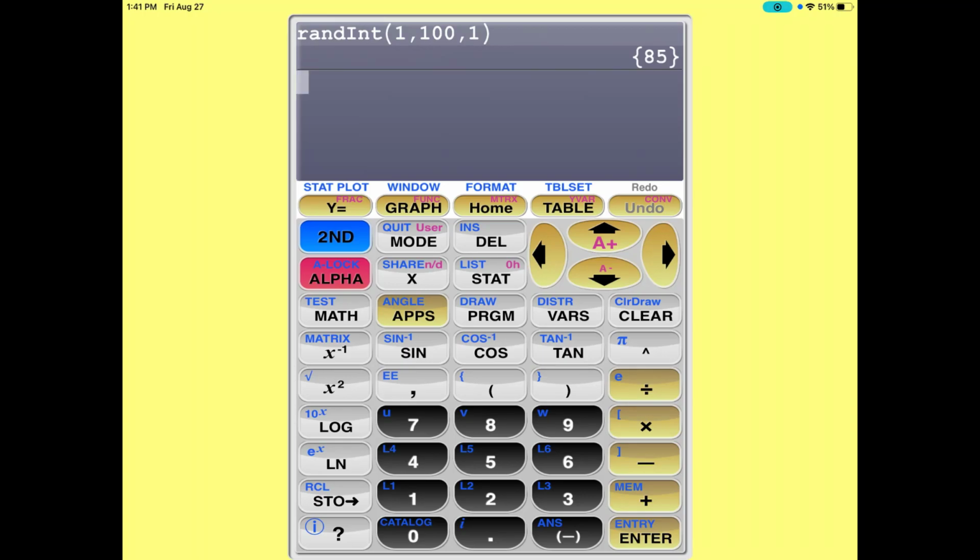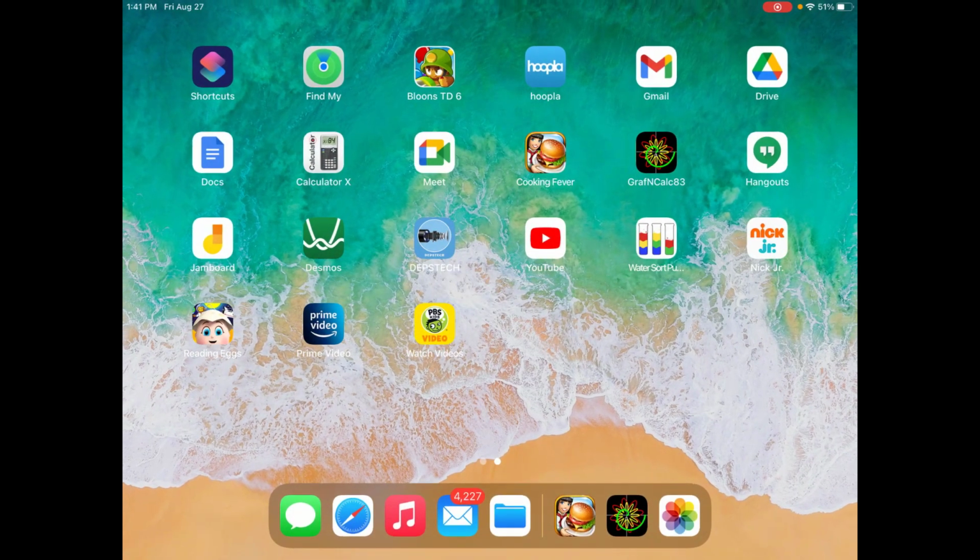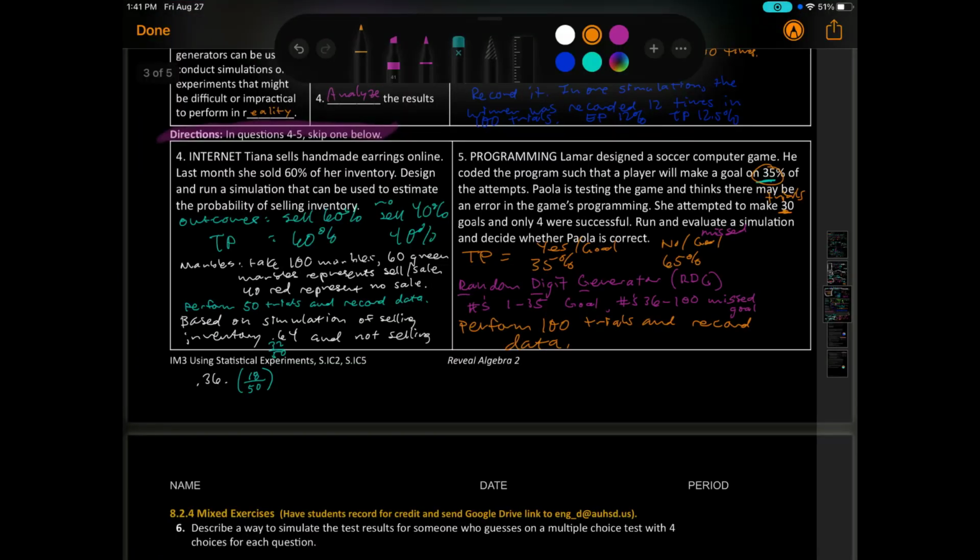So what does that mean? We said, well, numbers 36 to 100 represent a missed goal. So you can just keep pressing enter, and it repeats the same. So this one would represent, again, a missed goal because it's between 36 and 100. Missed goal, missed goal, missed goal. Keep pressing it. Oh, there's a goal, right? So let's just say we do that and calculate our data.